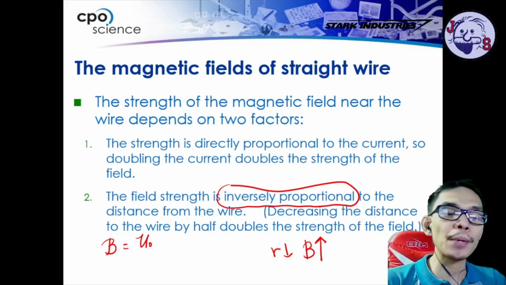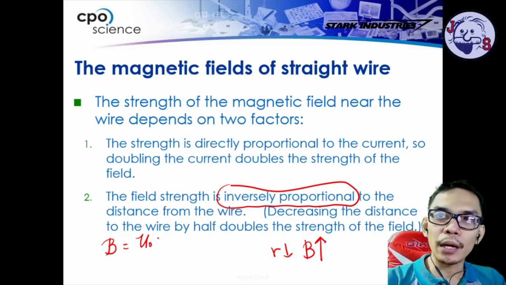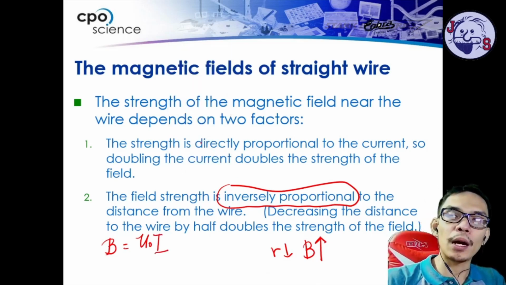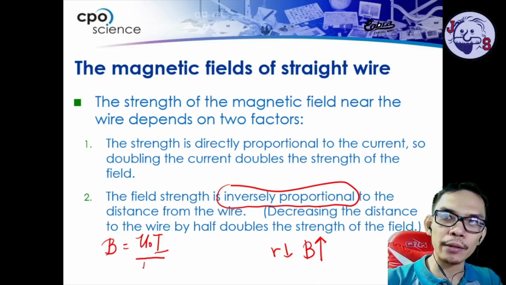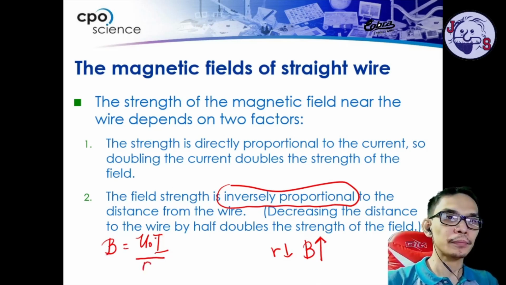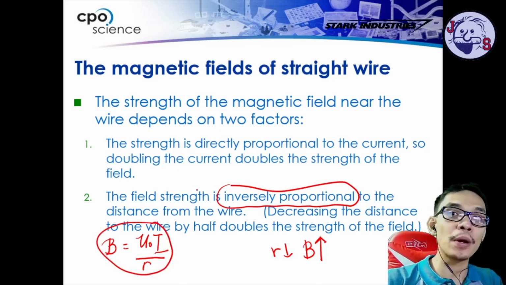That is a constant. The other one is current. As we can say here, the strength of the current is directly proportional to the magnetic field and inversely proportional to radius. So this is the formula for these factors.